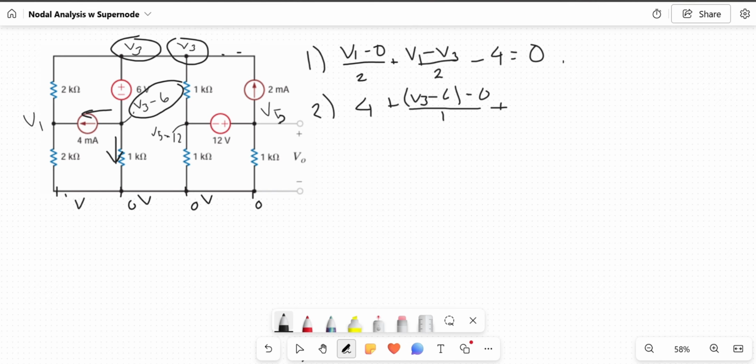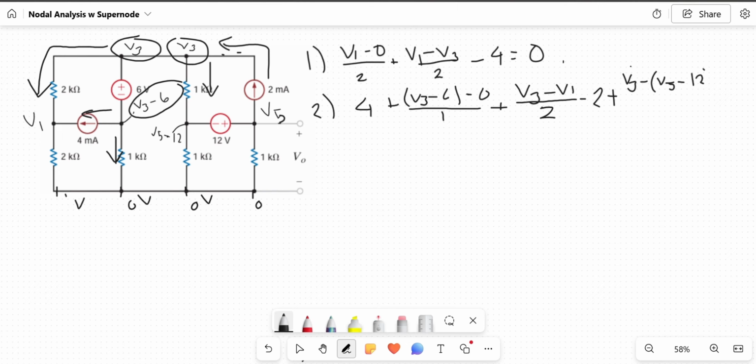And now focusing on just V3, including this equation, I will have V3 minus V1 over 2. Then we have 2 milliamps going towards V3, so that's going to be a negative 2. And lastly, we want this equation from V3 to V5 minus 12, so that's going to be V3 minus V5 minus 12 over 1 equals 0.